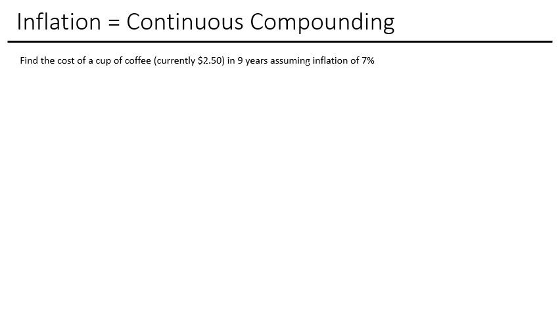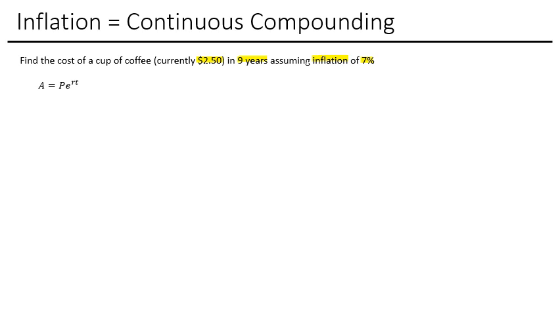So again, you can highlight this is the present value, 9 years, inflation of 7%. Now, inflation is actually an important word because that's what tells you to do continuous compounding. So again, you have your continuous compounding formula.